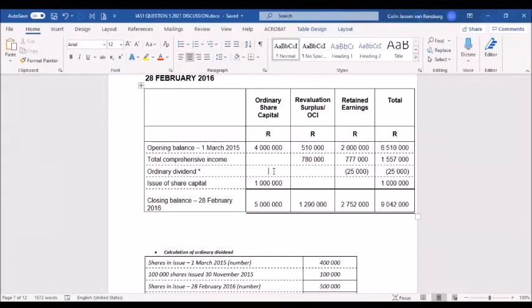But a dividend is a distribution of retained earnings. So some of your accumulated profits are being given to our shareholders. So that will be a negative again. You are distributing it, so your retained earnings becomes less. So that will be a negative there.